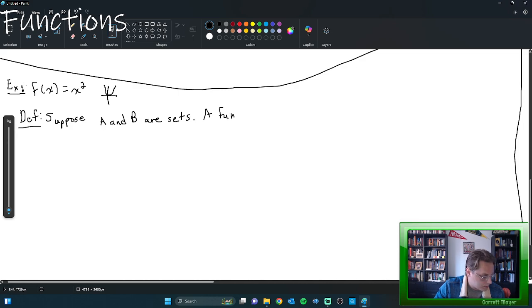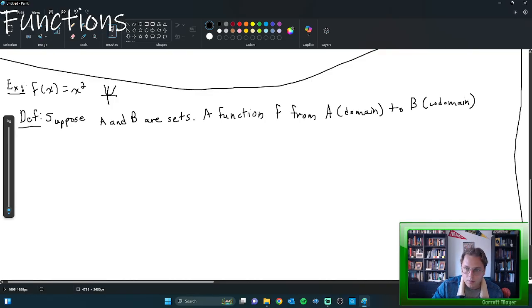A function f from A, which we're going to call its domain, to B, which we'll call its codomain, and the way we're going to denote this is f: A to B, and then you also do x to f of x.